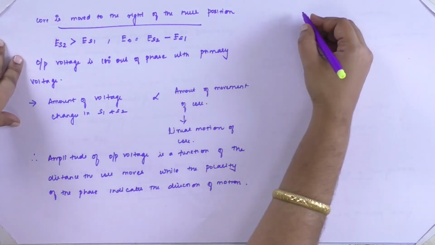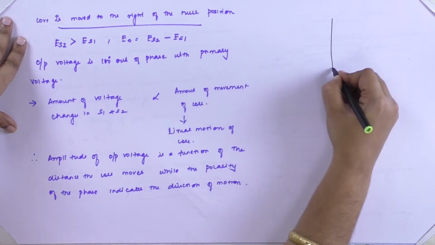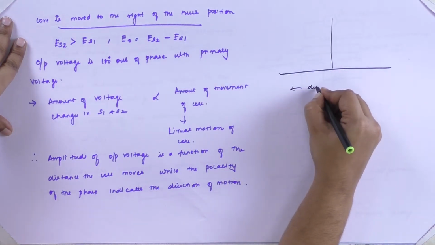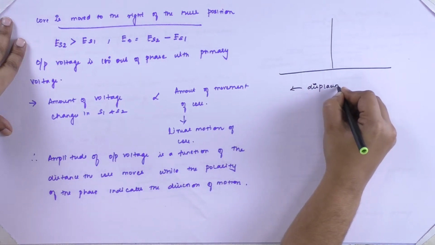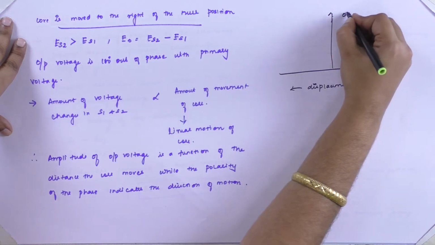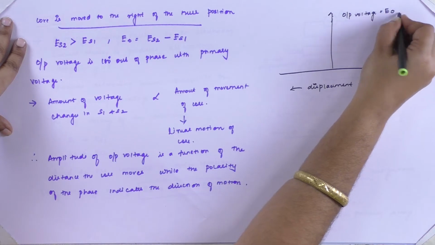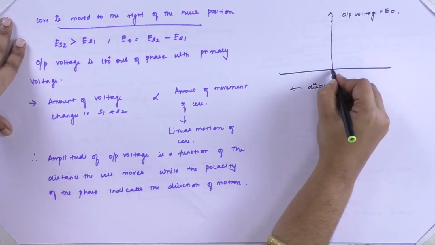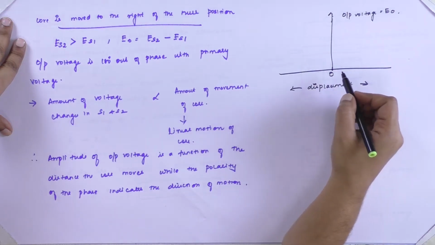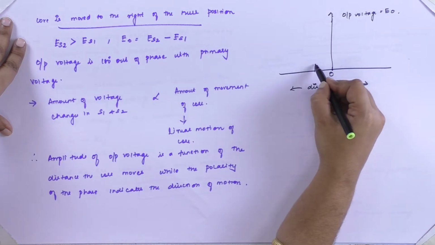Now let us see the characteristics of LVDT. If you draw the characteristics of LVDT, with displacement and output voltage, this is O, which indicates the null position. The output voltage of LVDT is a function of core displacement within a limited range, that is up to 5 mm.